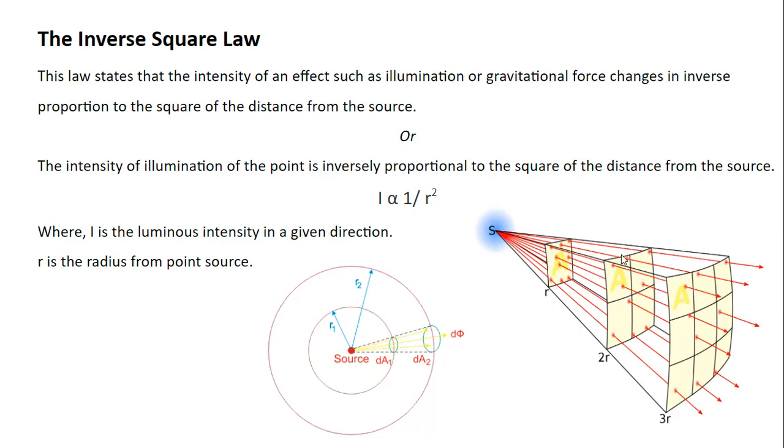So the intensity on this A4 paper, which was collecting 9 rays at a distance of r from the source, at the distance of 2r is going to spot only 3 of the 9.